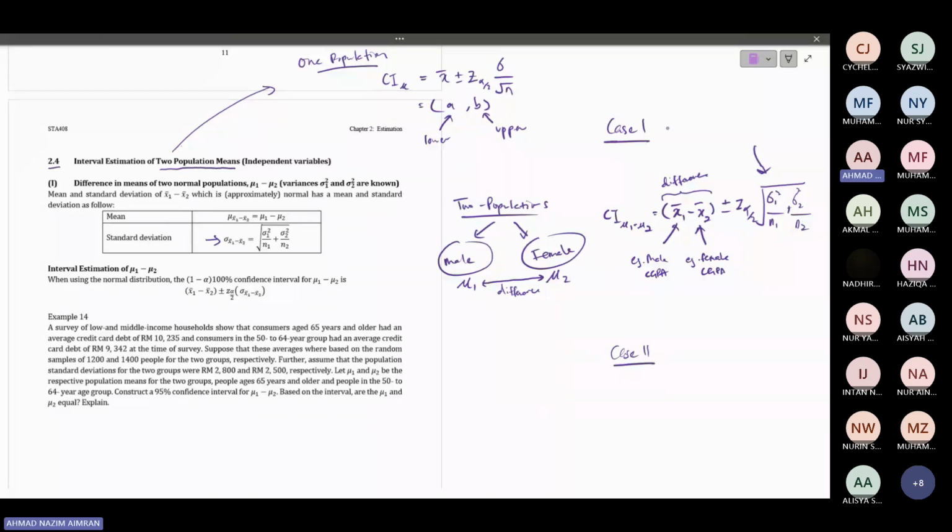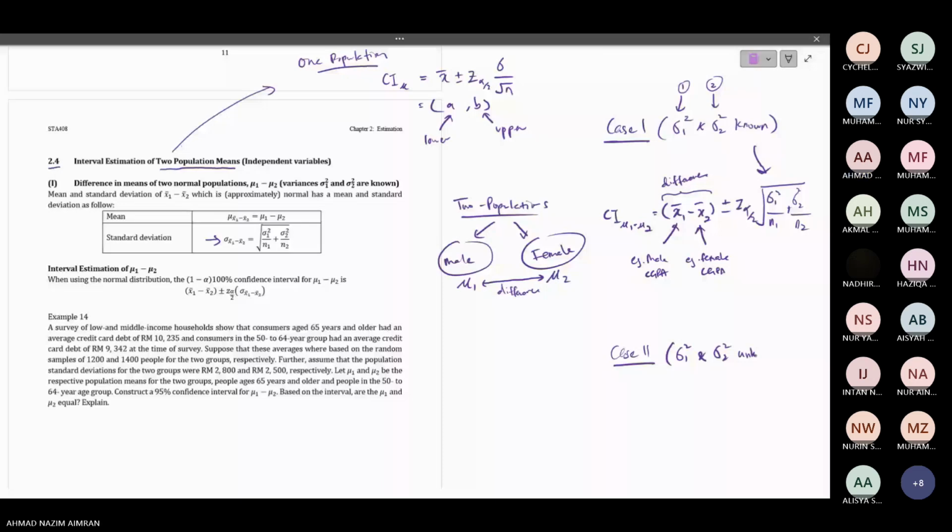Case number one is used when the variances of the two populations are known, the same as for one population mean, except now we have one and two.